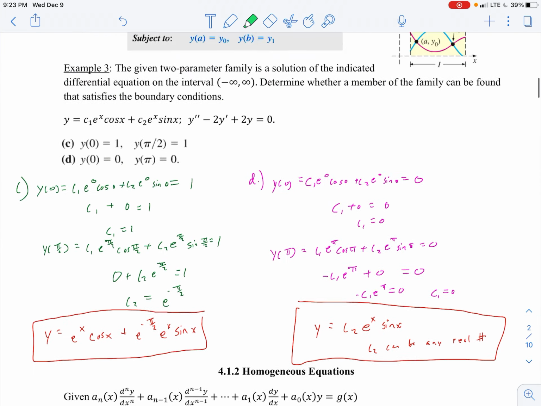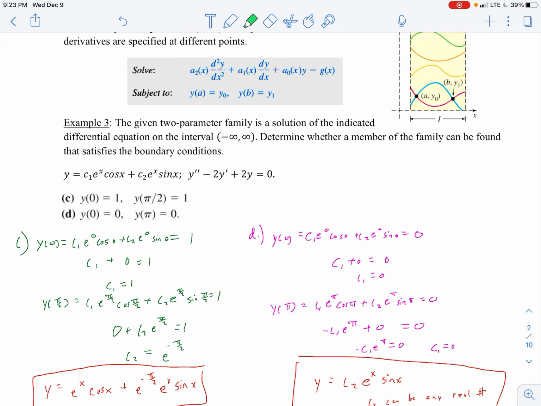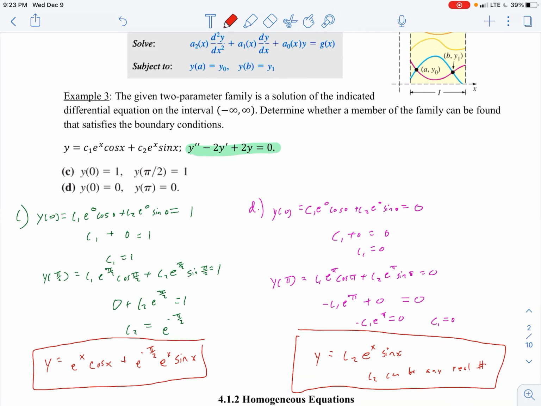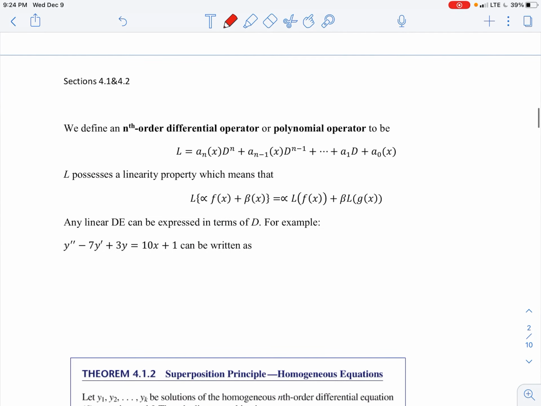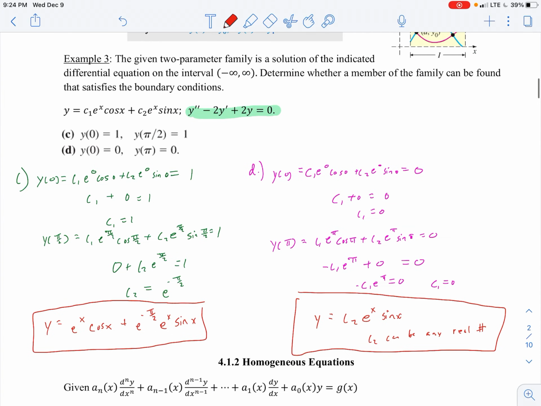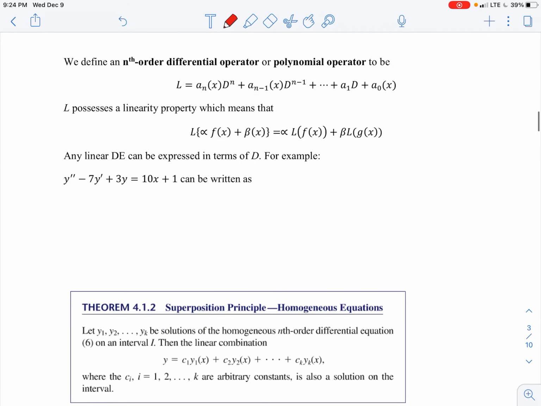Let's try an example. If we have this for our differential equation, because it's a linear differential equation, we could say L equals 0, knowing that our differential equation is linear. So we could just replace the whole differential equation with an L to show that it's a linear differential equation.